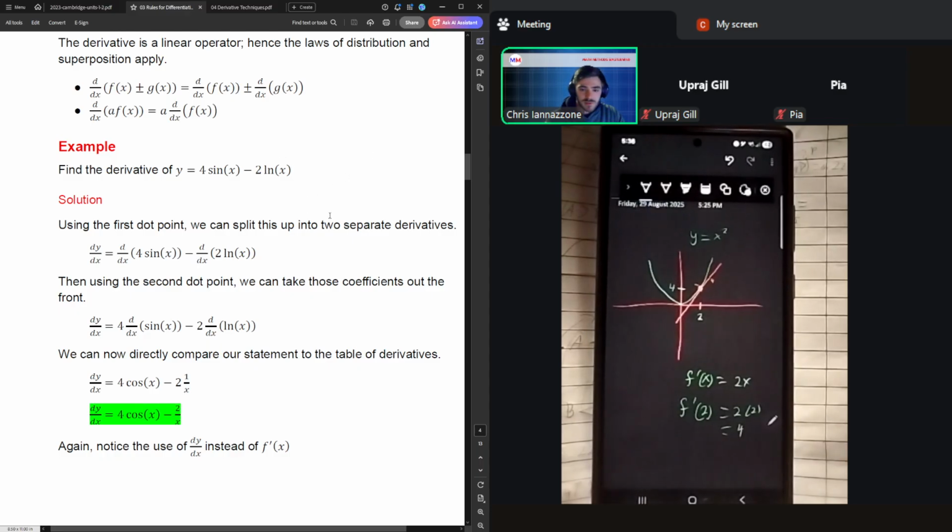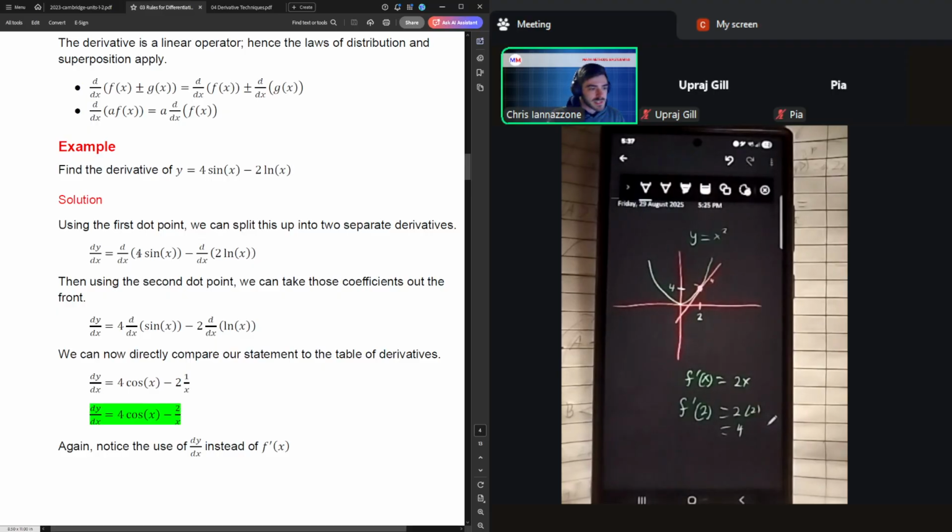However, what's happening under the hood is you're seeing that you have two separate functions separated by either a subtraction or a plus sign, plus or minus. When you have that scenario, instead of doing the derivative of the entire thing, which technically doesn't exist on the table, you split it across two separate derivatives. So instead of doing this whole thing, we now split it between the derivative of 4 sine x minus the derivative of 2 natural log x. We're splitting those up.